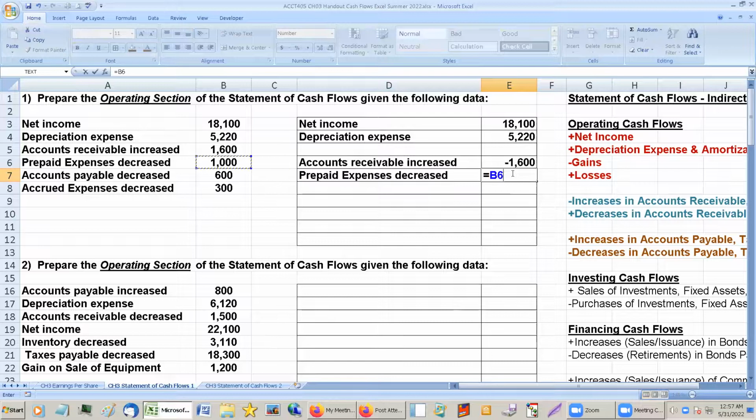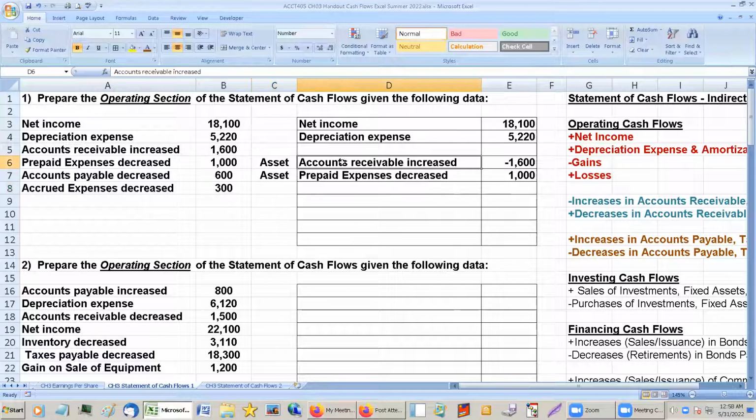It will actually increase. So notice that these are assets, and they go in the opposite direction. If the account increases, cash goes down. If the account decreases, cash goes up.